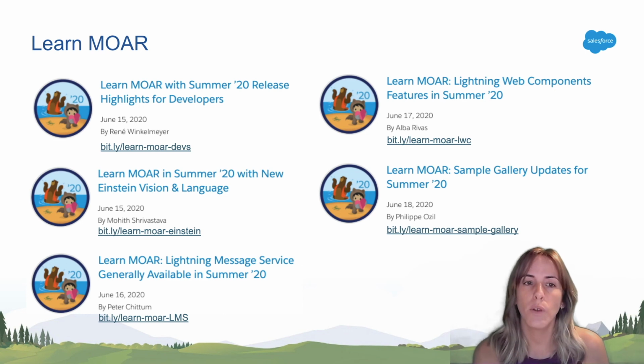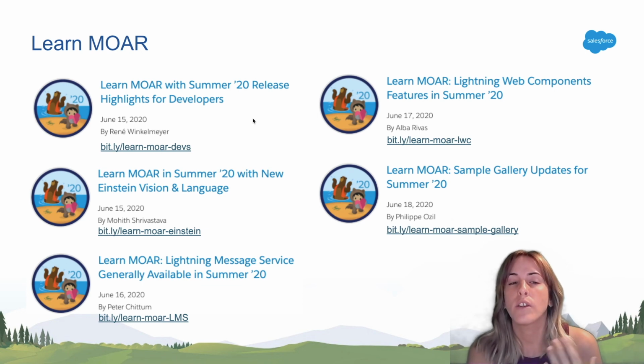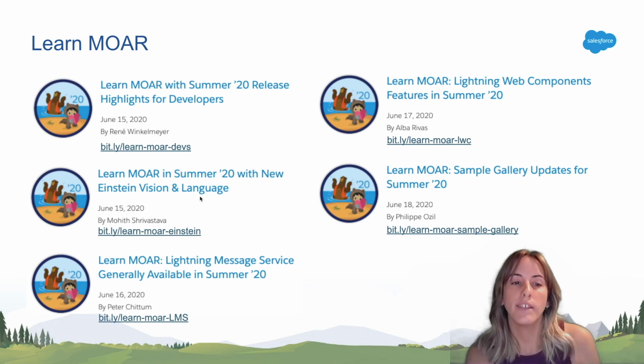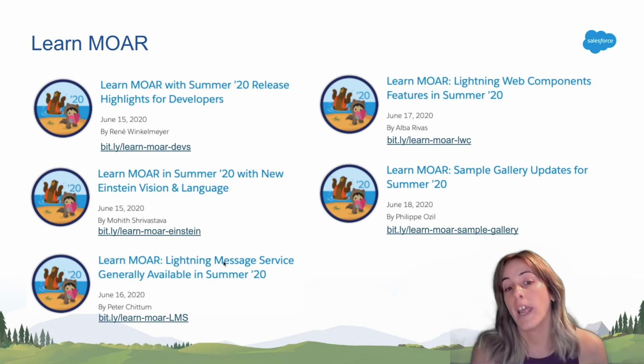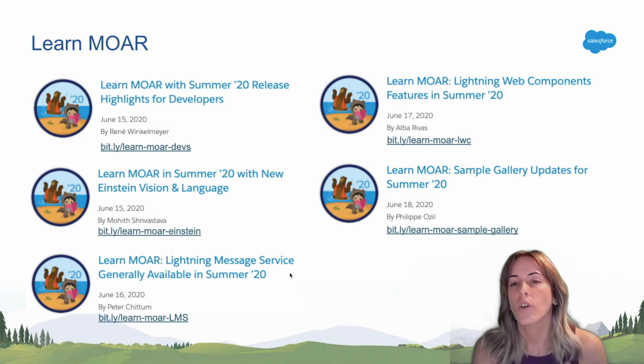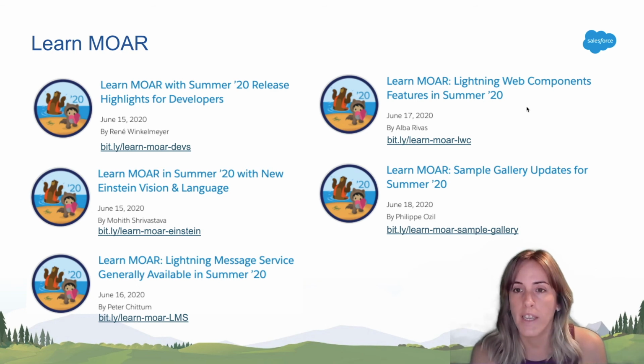The ones in the developer blog give you highlights about features that have been included in Summer '20 for release management, for Einstein Vision and Language, for Lightning Message Service. In this one, it's explained everything I explained to you about the scope and the recipes and so on. Lightning Web Components. In this one, you can see all the explanation about the different modules that have been released, the CSS sharing and so on.